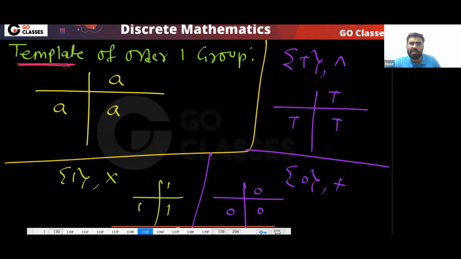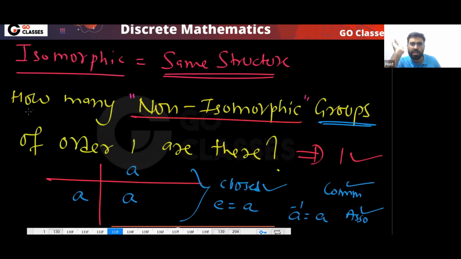So basically I am asking how many templates we have. So only one template. Template you can understand as non-isomorphic. So I can say, how many non-isomorphic groups do we have? Only one. How many non-isomorphic groups we have means how many templates we have.